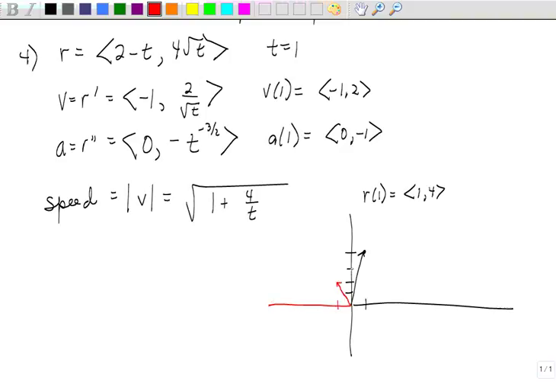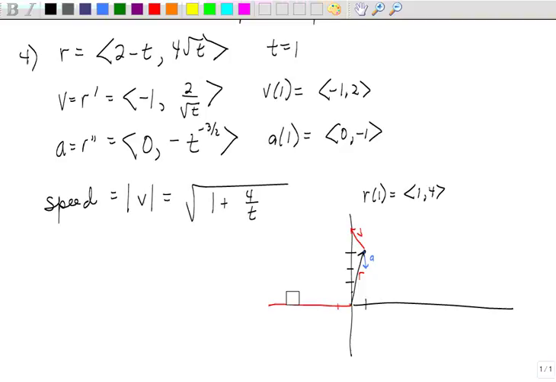So v looks like that. We'll put that right there. This is r. And then a is 0, negative 1. So a just goes straight down. Acceleration is straight down. Let me erase this out. I just made that the position vector. So draw the velocity and acceleration vectors and draw the path of the particle.